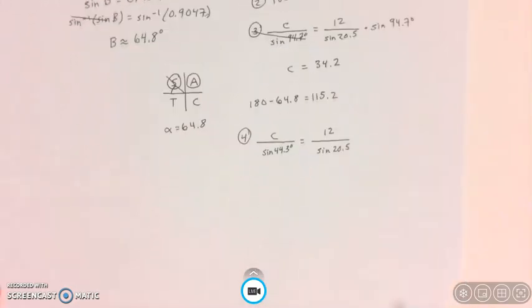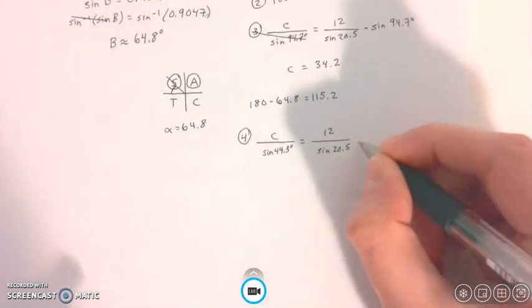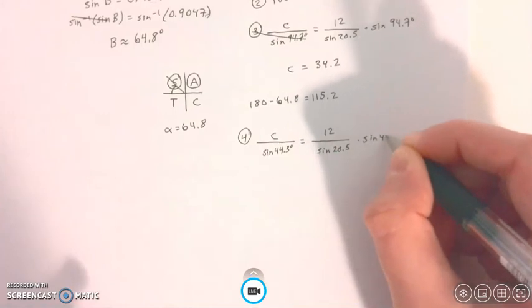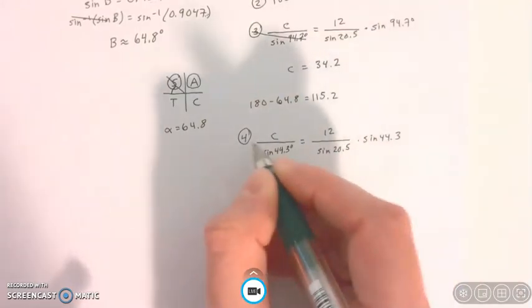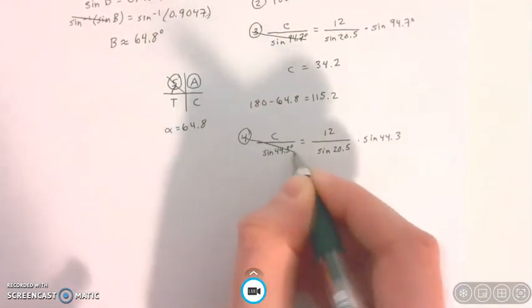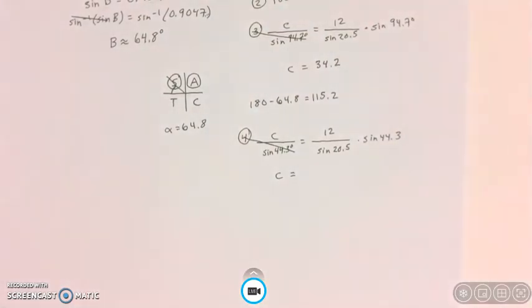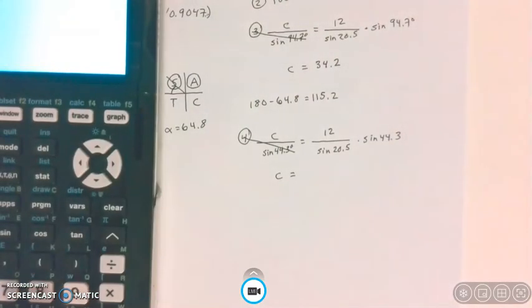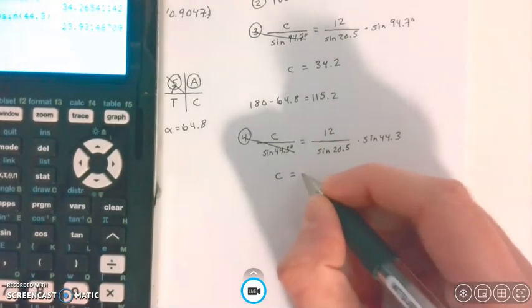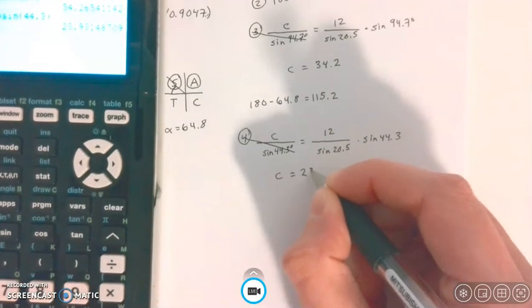Alright, so let's go ahead and just solve that now. I'm going to multiply by sine of 44.3 on both sides. And again, I don't have space, but if I did, those would cancel. And I get C equals, and in the calculator, I can just do 12 divided by sine of 20.5, enter, times sine of 44.3, and I get C is approximately 23.9.